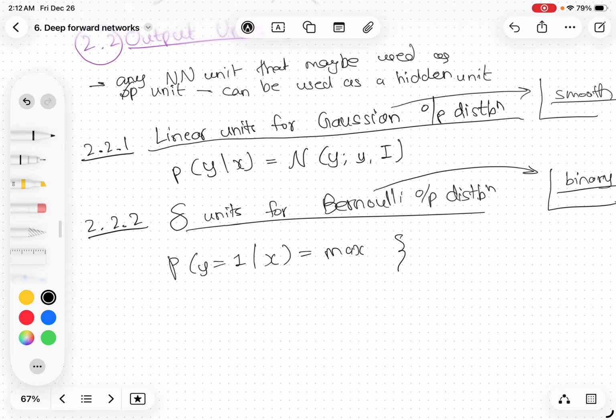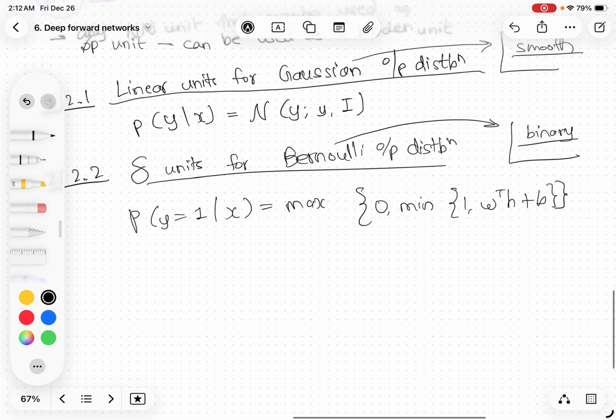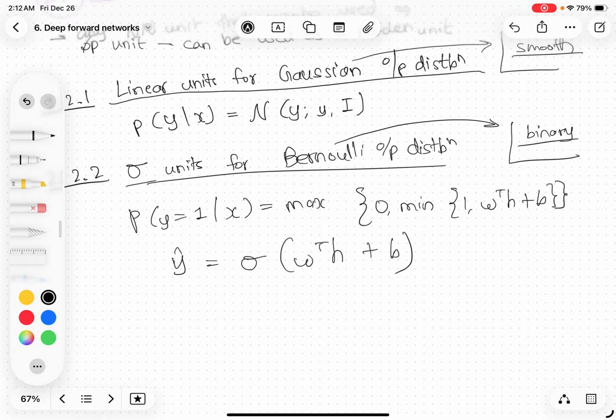That's what this is, with weights and biases. This would define a valid conditional distribution, but we would not be able to train it very effectively with gradient descent. It has some problems, which is why we enter sigmoid units. A sigmoid unit is defined by y hat equals sigmoid of w transpose h plus b.